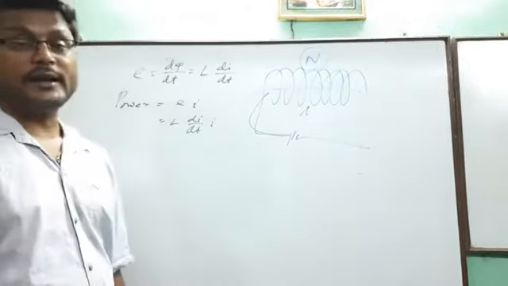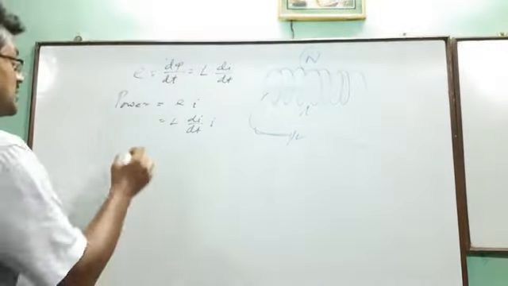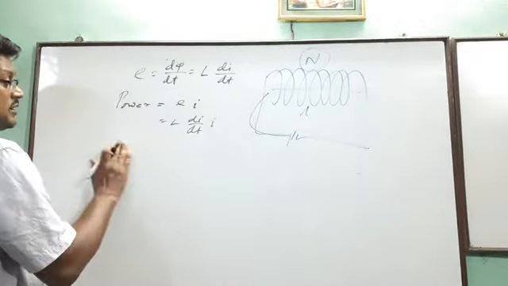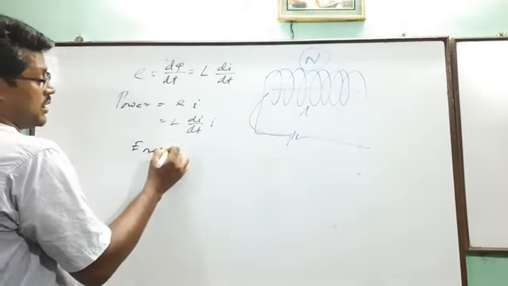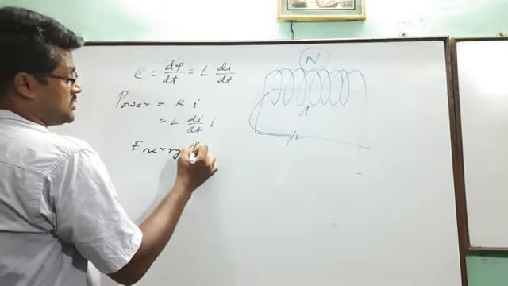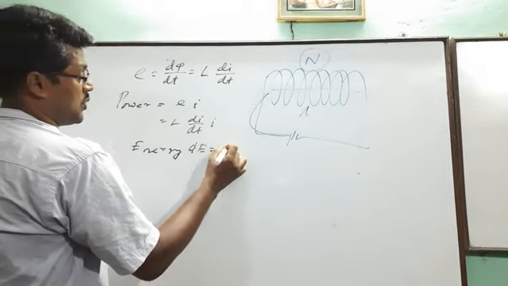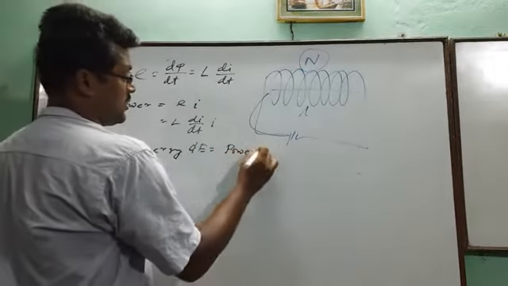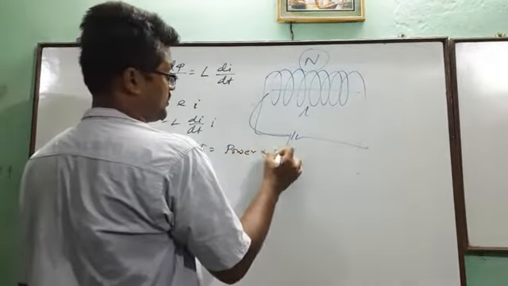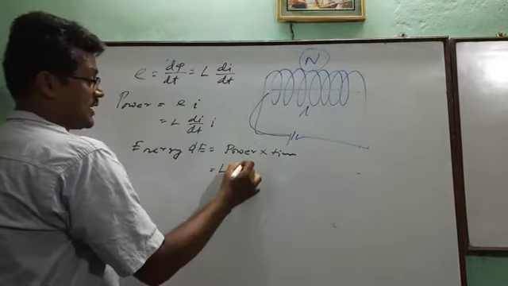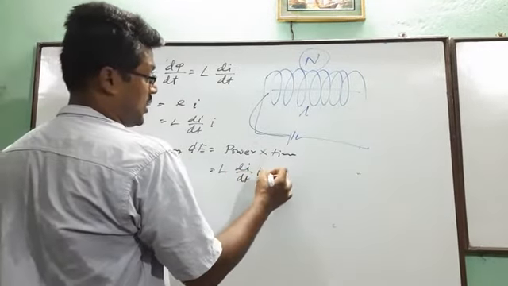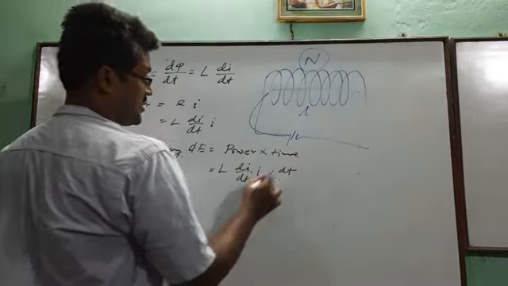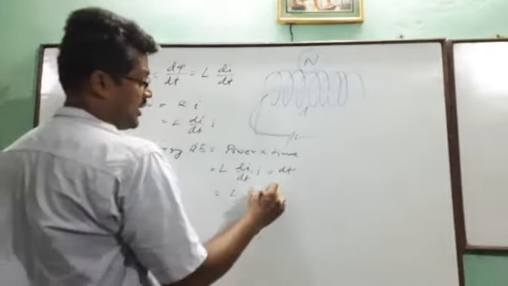Now in time dt, what is the energy stored? Energy dE equals power into time. So power is L di by dt into I, into time dt. So here it comes L I di.